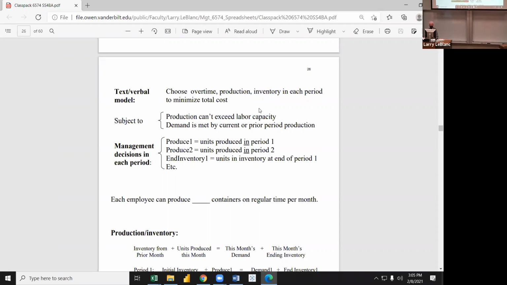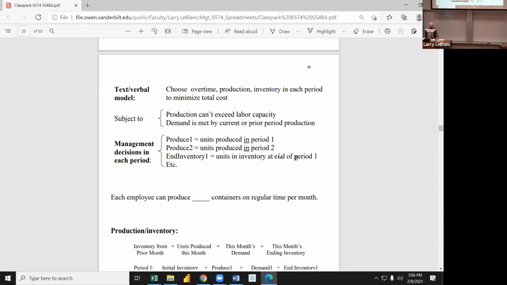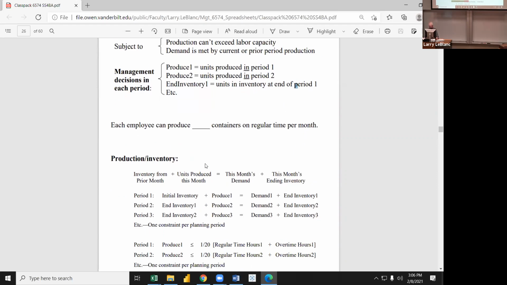We can have as much capacity as we want, but we have to pay for it. Amount produced in the first time period, amount produced in the second time period, the ending inventory or the units in inventory at the end of time period one. Just to make sure you're paying attention, each worker can produce 160 divided by 20. Each worker on average works 160 hours. And it takes 20 hours of labor.